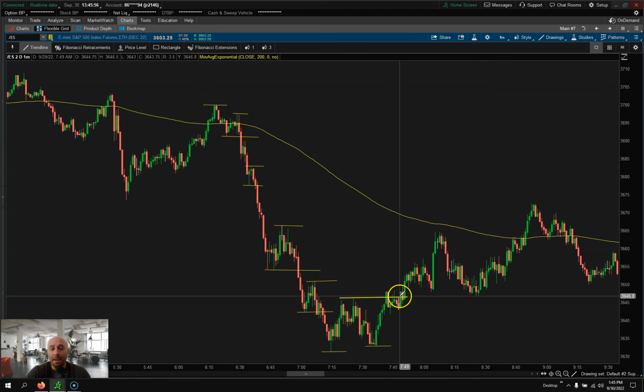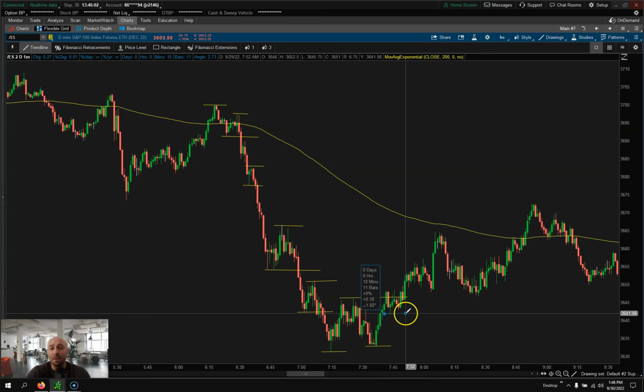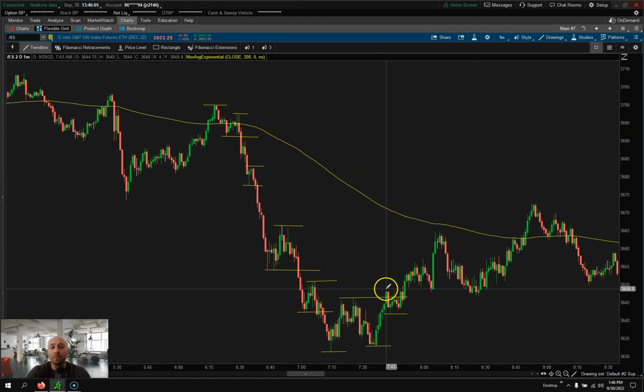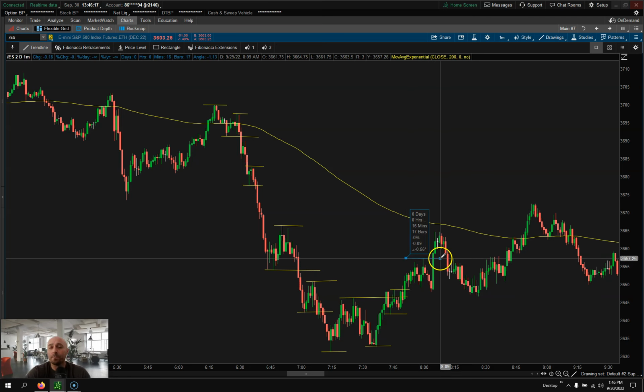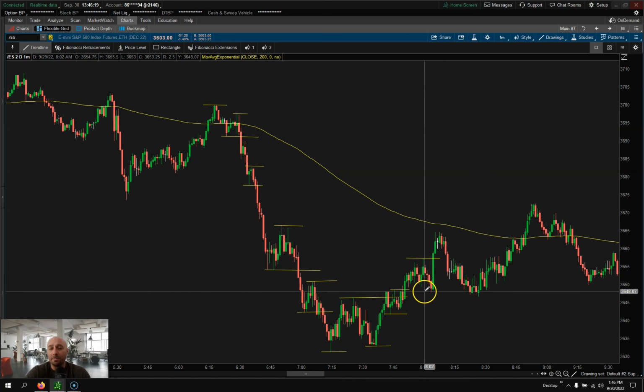We pull back. The minute this high gets taken out right here, okay, this now becomes a new higher low, right? So price takes it out right there, and then we rally, we pull back, okay? And then the minute we take out these highs right here, okay, this now becomes a higher low, and so on.